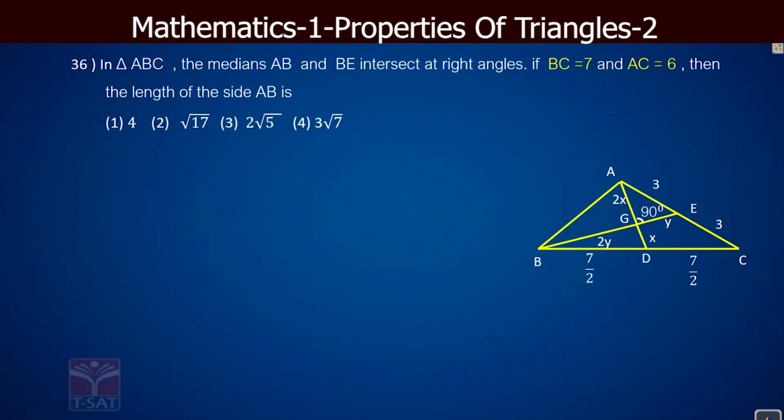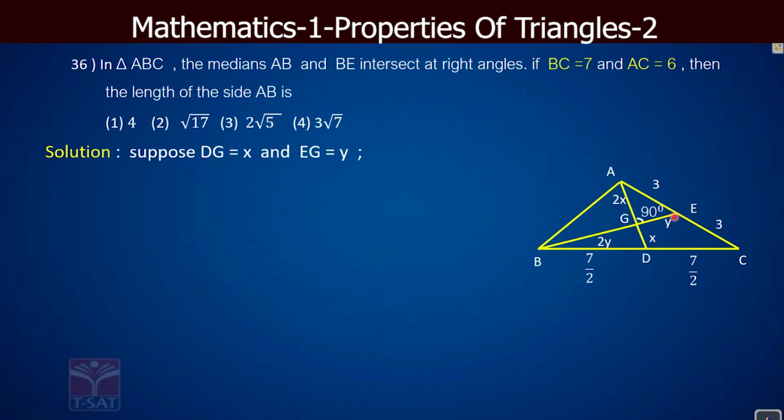Now, you know that the point of intersection of the medians is called the centroid and it will be denoted by capital G. Everybody knows that the centroid divides a median in the ratio 2:1 from the vertex to the base, or 1:2 from the base to the vertex. So, here suppose DG is equal to x and EG is equal to y.